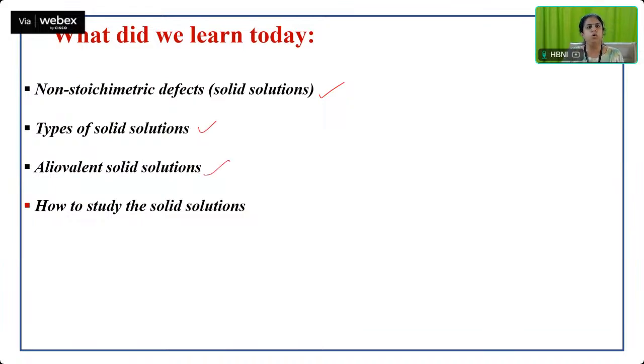We also have the terms isovalent and aliovalent. Isovalent means when your guest and host have similar valency, and aliovalent means when they have different valencies. And we studied the consequences of solid solution formation, and also the techniques by which we can study the solid solution formation.